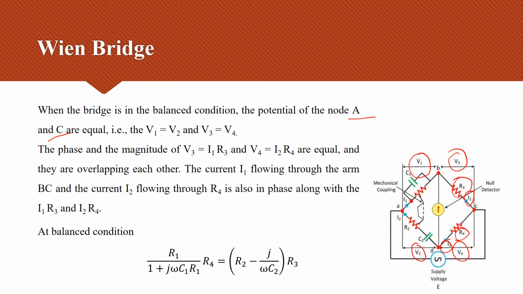The current I1 flowing through the arm BC and I2 flowing through R4 are also in phase along with I1 R3 and I2 R4. At balanced condition, R1 over 1 plus j omega C1 R1 into R4 is equal to R2 minus j over omega C2 into R3. This is just by the Wheatstone bridge balance equation.